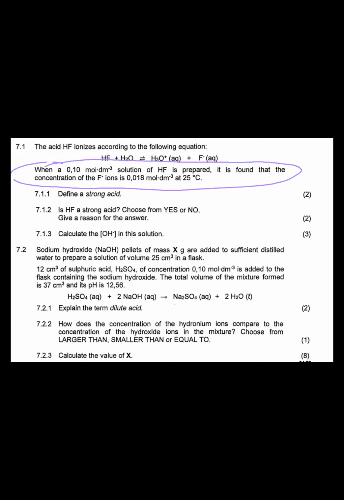So not all of the HF ionizes. How do we know? Because the concentration of F minus that was produced is not equivalent to this one. It was supposed to be equivalent if the ratio is 1:1. The answer is no.